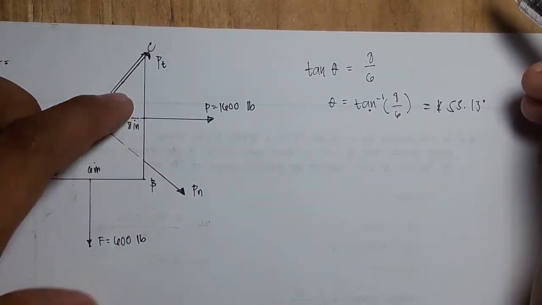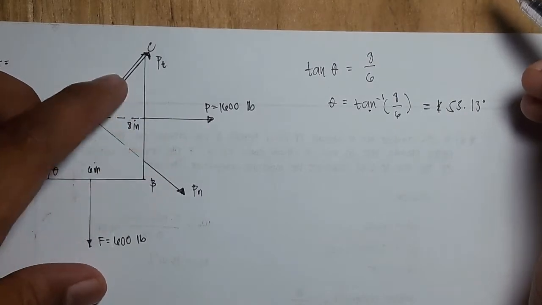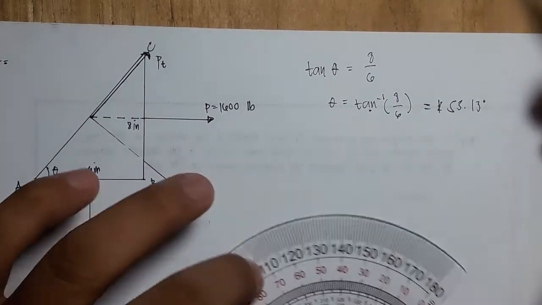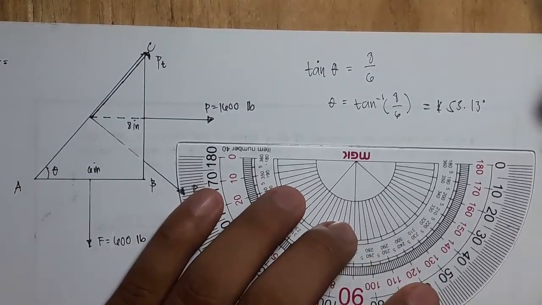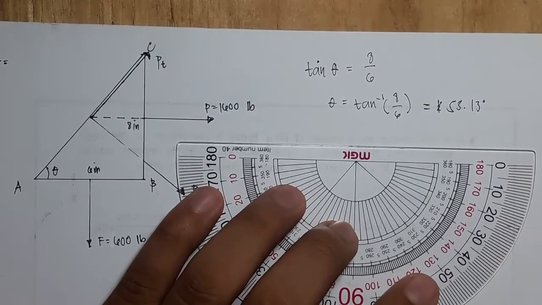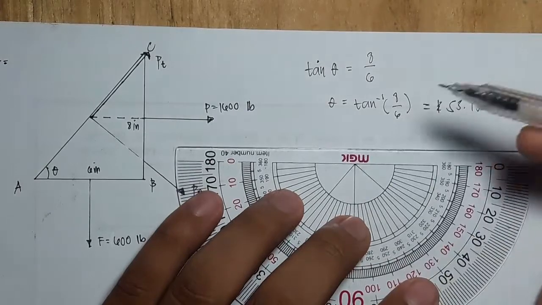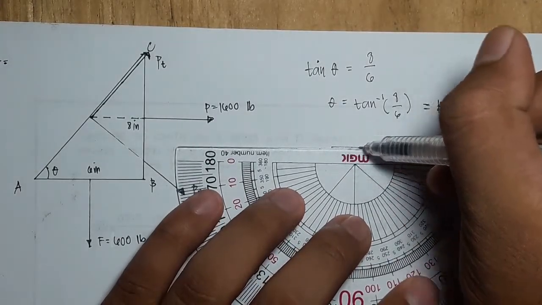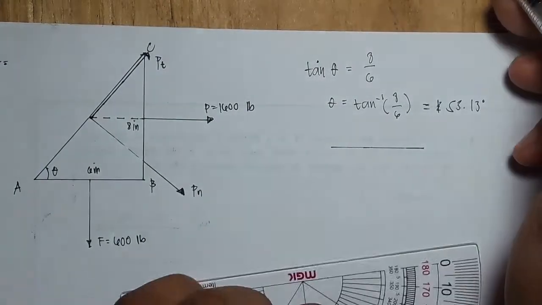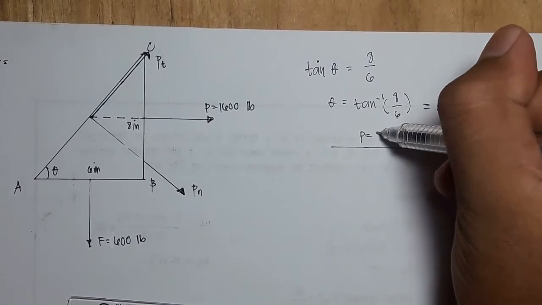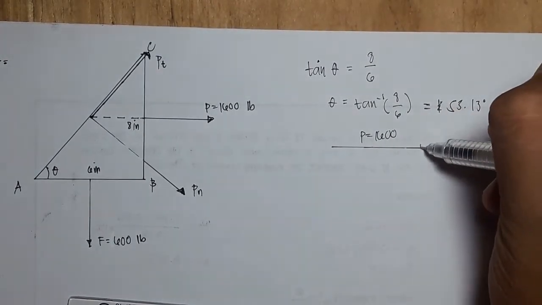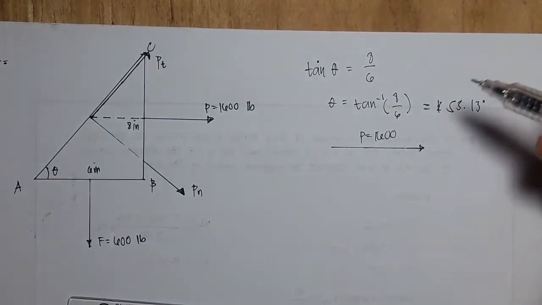Given these three forces, we can make a triangle. First, we have this 1,600. So P is 1,600 going to the right.